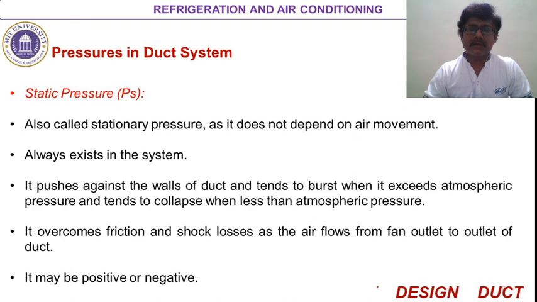Similarly, the duct will tend to collapse when this pressure is less than the atmospheric pressure. It means that if there is negative pressure inside the duct, then the duct is likely to collapse.